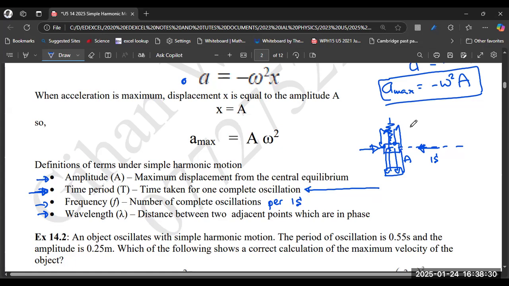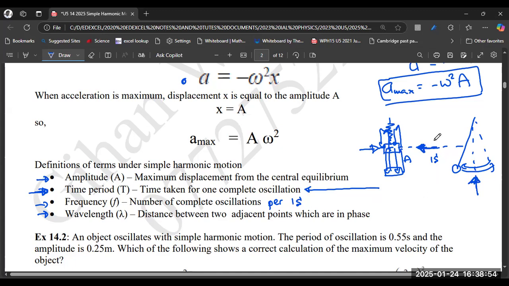We'll first of all make a good setup. In what situations do we need to measure the time period? Simple pendulum. That is also under simple harmonic motion. First of all, we will say keep the timing marker at the center of oscillation.